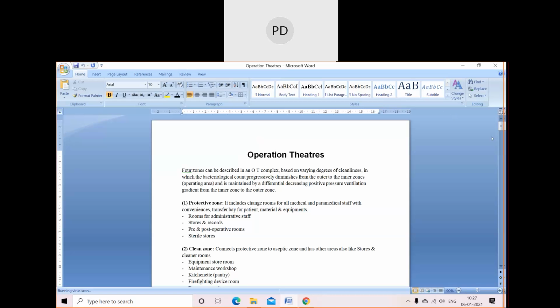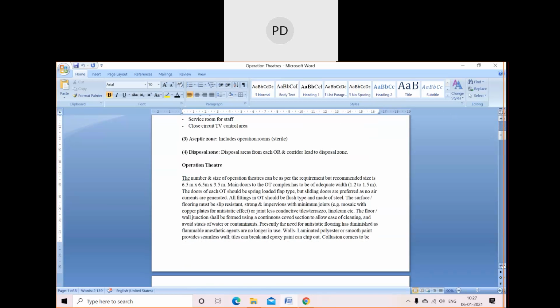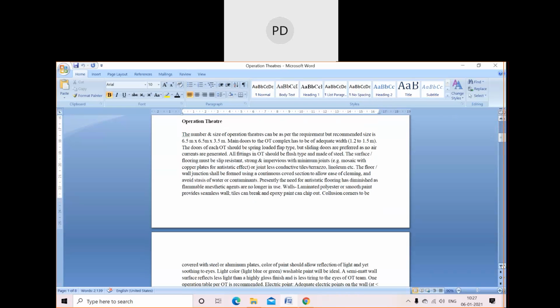We finished the zones, right? Now tell me what were the zones. Four zones are there for OT. That is important, that's why I'm telling. Remember the zones of OT. Tell me what are the four zones.